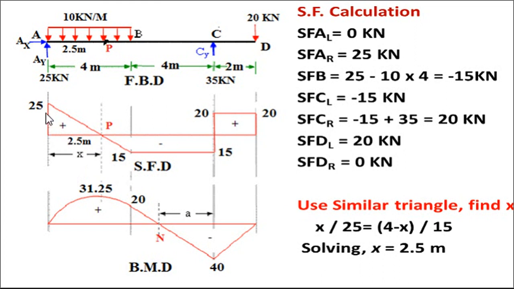So x divided by 25, and the remaining 4 minus x divided by 15. If you solve this ratio, you will get the value of x as 2.5 meter. So that 2.5 is the distance of P from the A station.